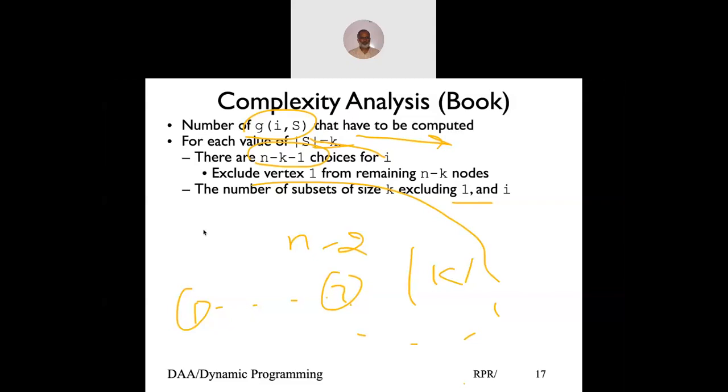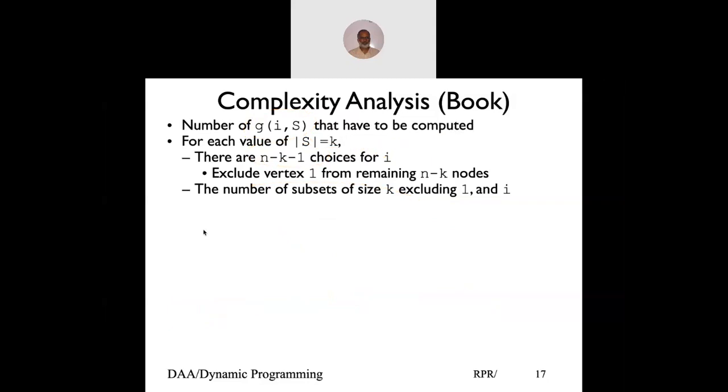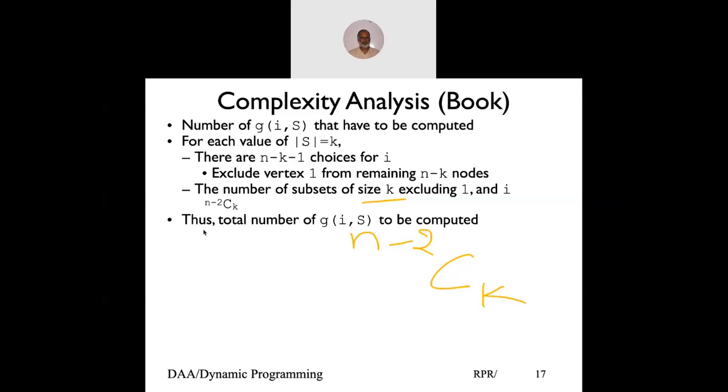So I have already taken i out, 1 is out. I'm left with the remaining n minus 2 vertices. So from n minus 2 vertices, I need to choose a set of size k. That would be n minus 2 C k. And that is what we basically get. So the number of sets of size k would be n minus 2 C k.